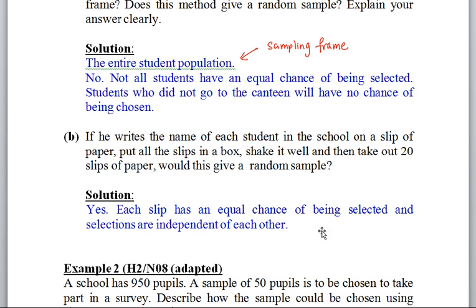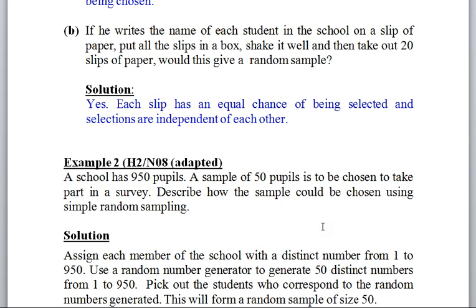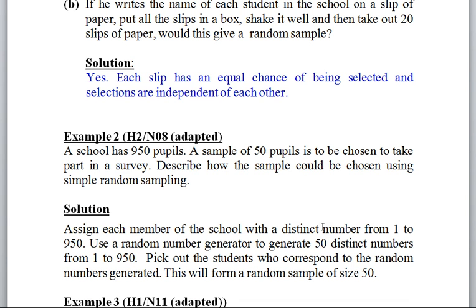Example 2. If you look carefully, it is a past year paper. So this is the type of question that will come out in exams. My advice is when you answer this kind of qualitative sampling methods question, definitely you must answer in context.